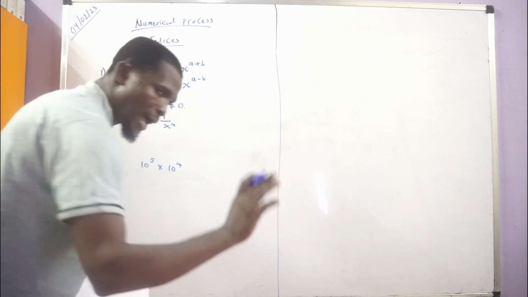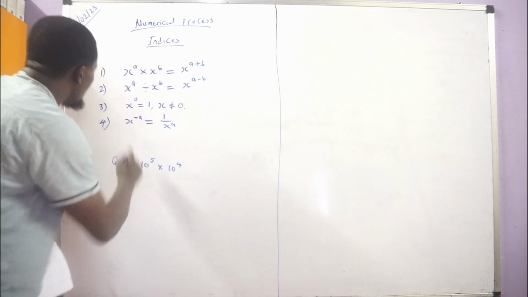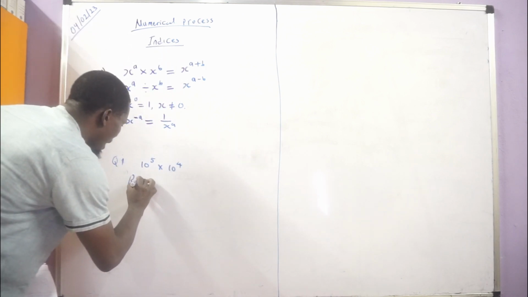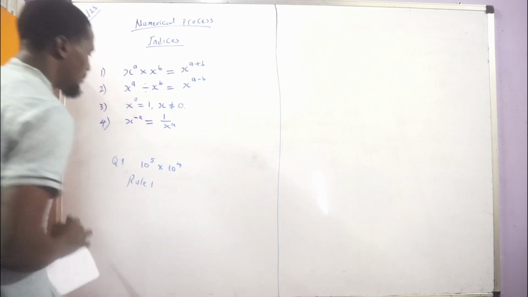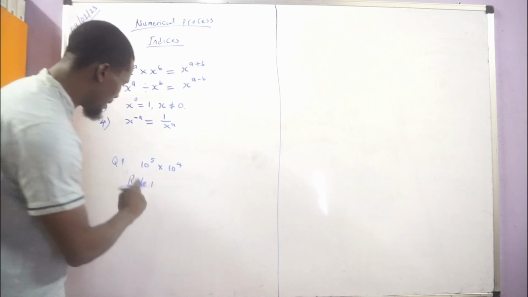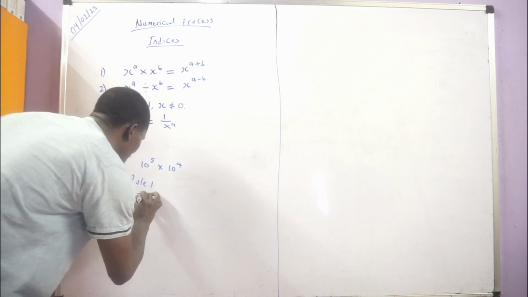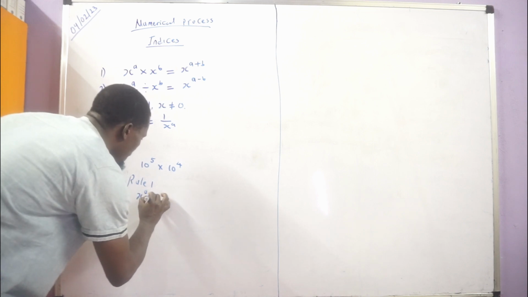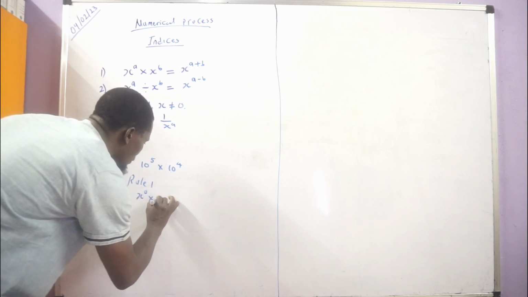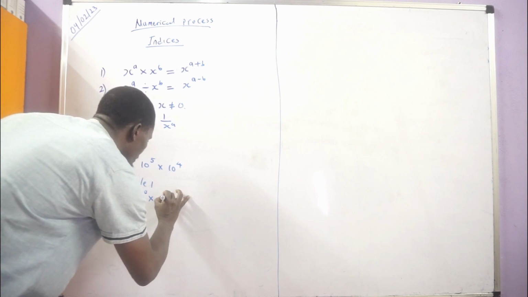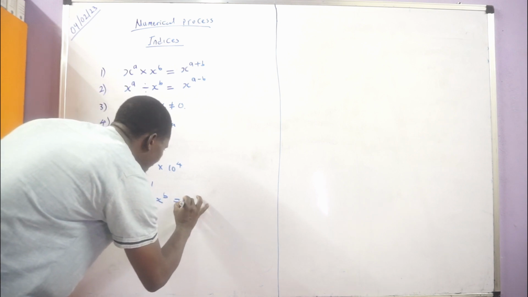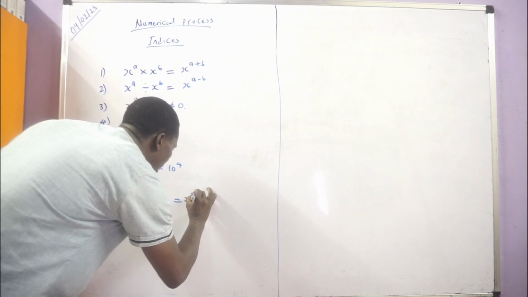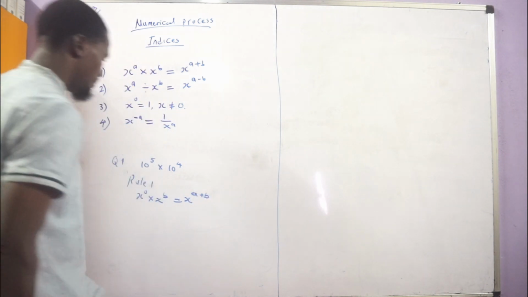I'm solving this question using the first rule. So I could write rule 1, that's the rule that is applicable. Then I'll quote it as x raised to power a multiplied by x raised to power b, giving me x raised to power a plus b.